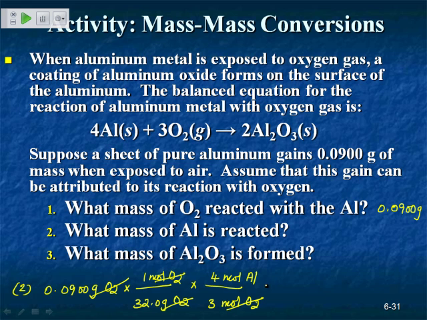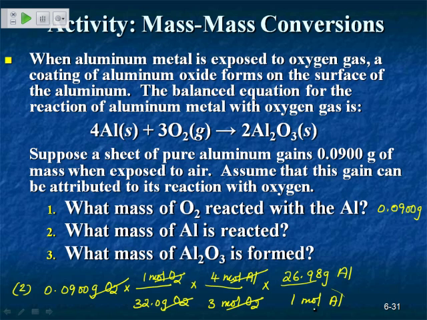So I'm standing at moles of aluminum. The question is asking what mass of aluminum reacted. One more step: converting moles of aluminum to mass of aluminum using the molar mass of aluminum. Look in the periodic table. What's the molar mass of aluminum? 26.98 grams of aluminum in 1 mole of aluminum.